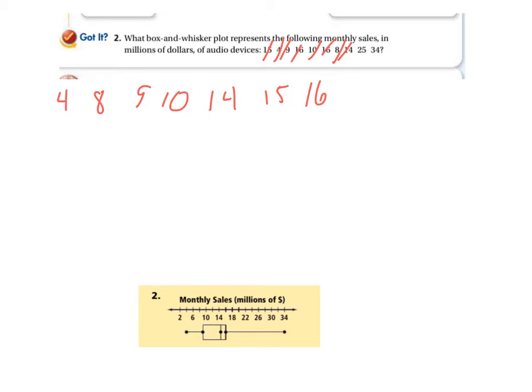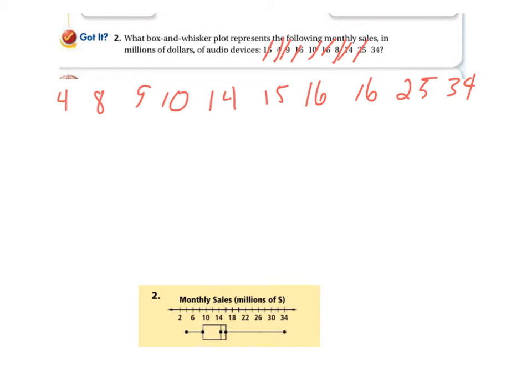Yep, there's another 16 there. 25 and 34. And it's important to go back and count. Did you get them all? 1, 2, 3, 4, 5, 6, 7, 8, 9, 10. There you go, because sometimes I make mistakes on this.